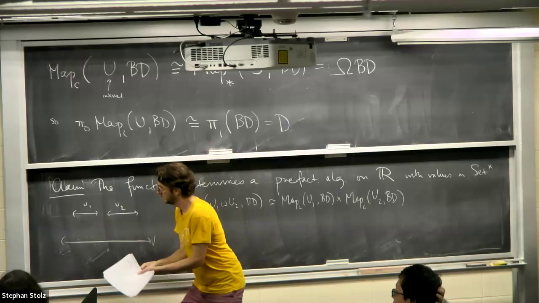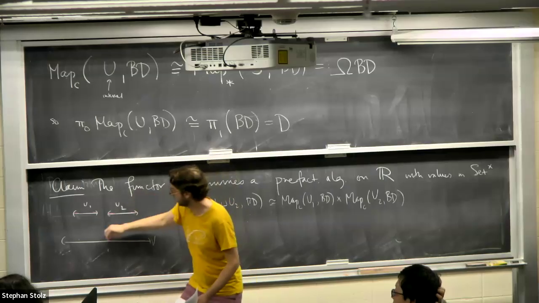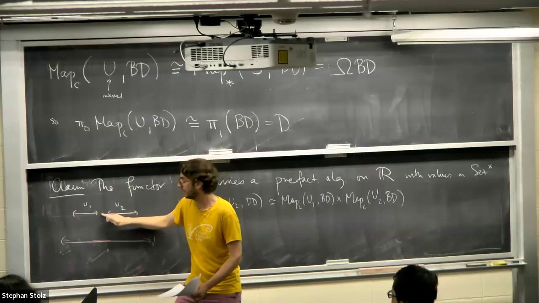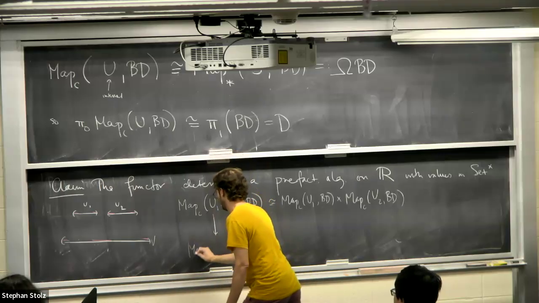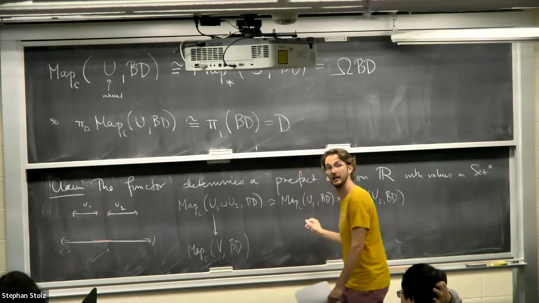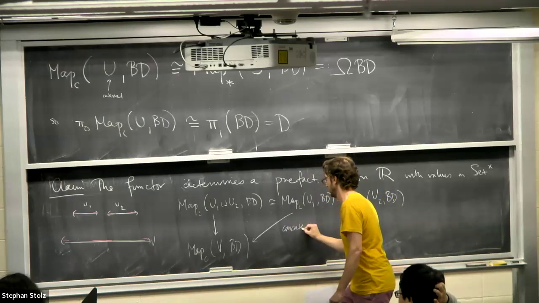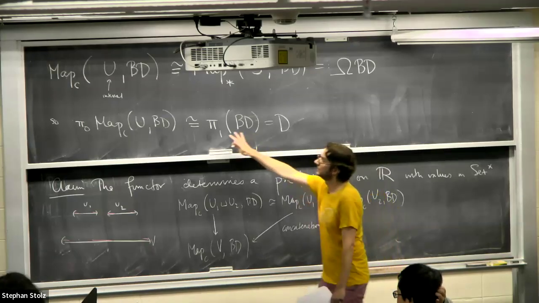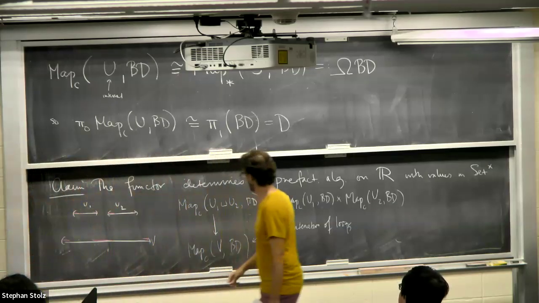Now, since everything has to go to the base point towards the ends of the interval, you can just extend by the base point in the rest. So there's a map from here to compactly supported maps on V. This map here is exactly concatenation of loops.